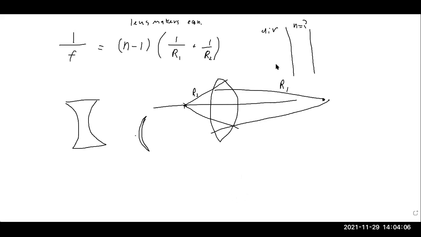And if you have an index which is very far from air, you can get a lot of bending. So greater difference in index gives more bending. And the smaller the radius of curvature, the steeper the angles it's going to hit, and the more tightly it can focus it. So you can get a focal length which is shorter or more bending.